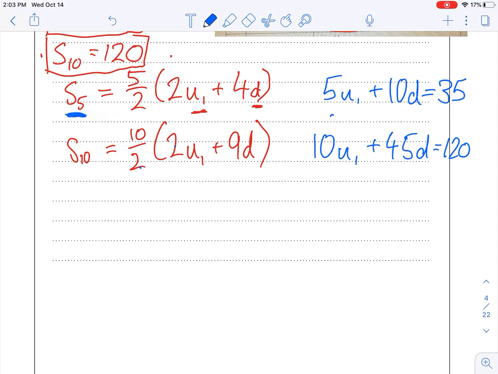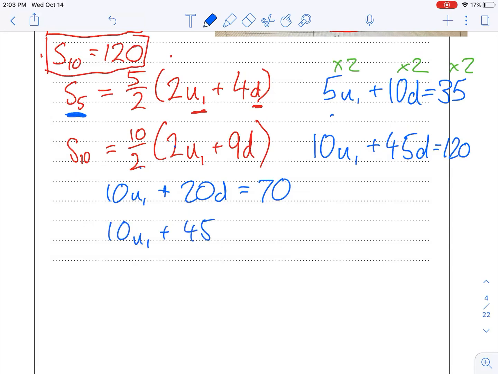And I think probably the easiest thing to do will be to make the u's the same. So I'm going to double all of that first equation, times 2 times 2 times 2. Hopefully this is revision of simultaneous equations. If you have no idea what's going on, then it's worth looking up simultaneous equations. So I'm doubling everything in the top one, so it's still a true statement.